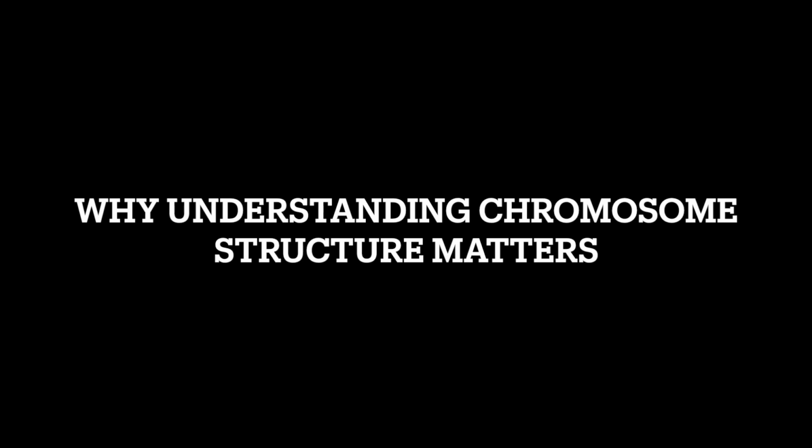And in order to do that, you need to understand the mechanics of how that DNA is put together, how it operates, how it replicates itself, how it differentiates. You need to understand the mechanisms behind that. And if you don't understand the basic structure within the chromosome, you're never going to be able to figure that out. So without any further ado, let's get into the video.